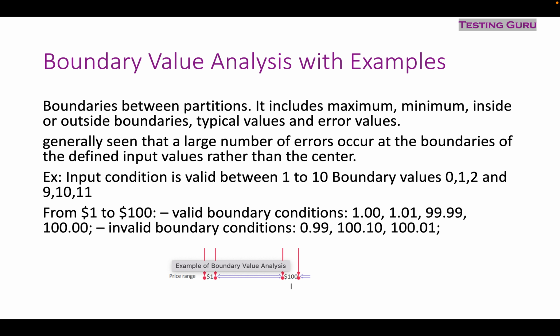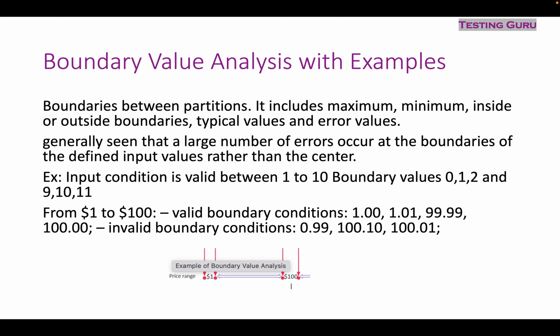Coming to an example, for a username field, there is a boundary to enter an integer value between 1 to 10. When you have this valid boundary between 1 to 10, we have two edges, 1 as well as 10. 1 is the minimum and 10 is the maximum. At the point of 1, we have to test that minimum boundary with an error value as well as a typical value.